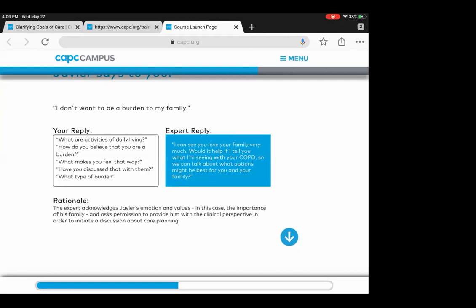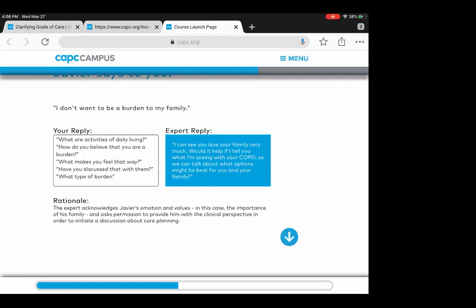I think that's the takeaway from this, to ask permission to move on with the conversation. So: I can see you love your family very much. Would it help if I tell you what I'm seeing with your COPD so that we can talk about options and what options might be the best for you and your family?